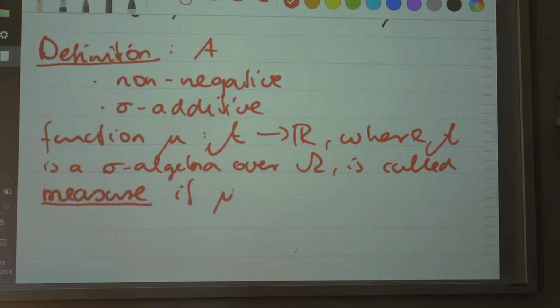If the image of the empty set of the function is equal to 0, then the function is called a measure, provided that the function is sigma-additive and non-negative. Now this can be generalized also for functions that can be negative, for instance like the temperature in Celsius, which can be negative.